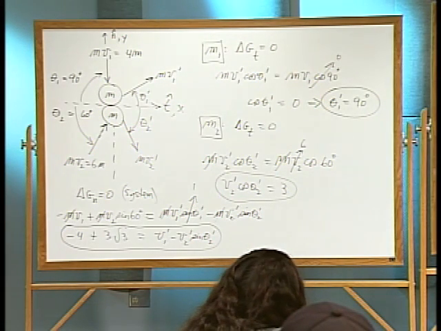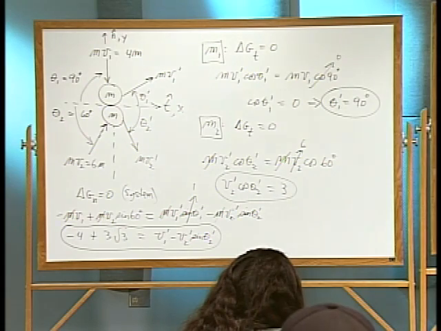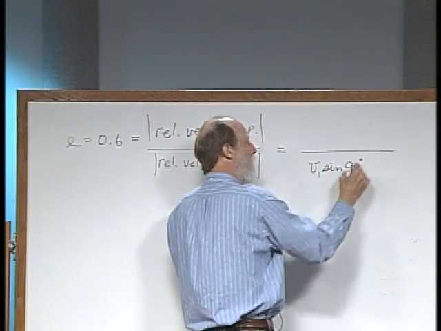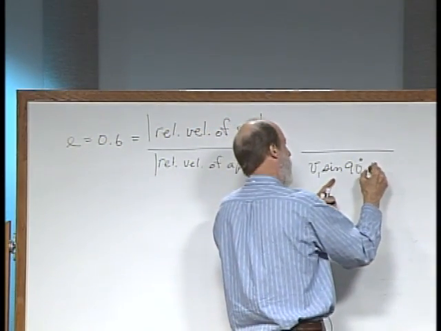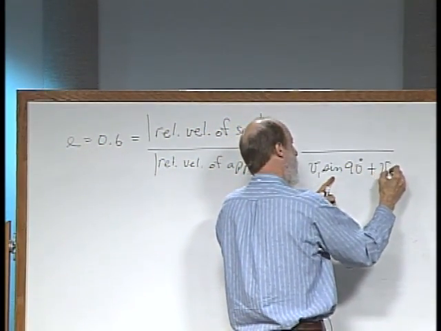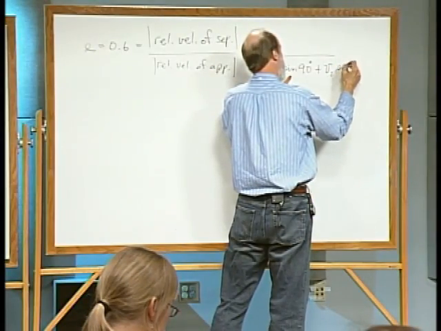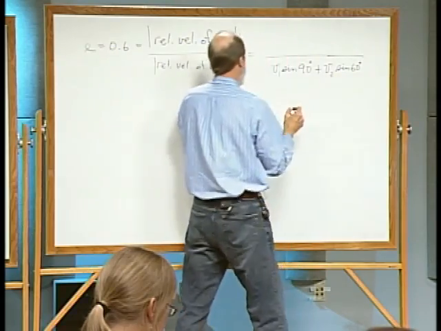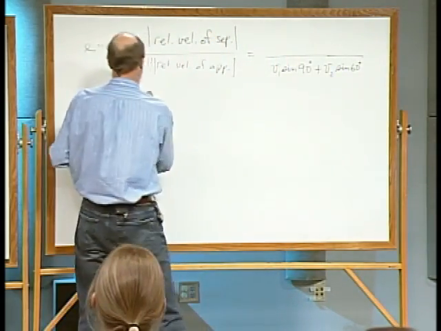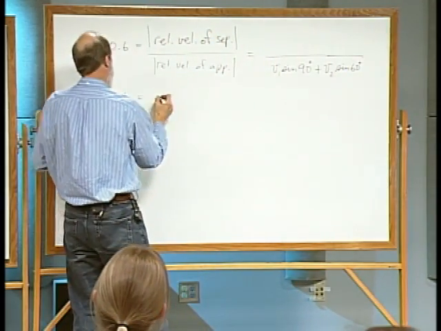So it's going to be V1's value of 4. I'll just write it down. And that would be on the sine of 90 degrees right there, if you want it. Okay. Plus V2's value, sine of 60 degrees. We'll substitute those numbers in there in a second.